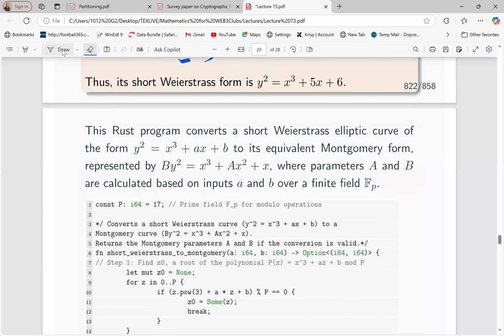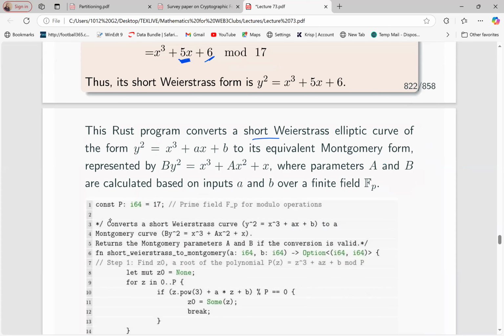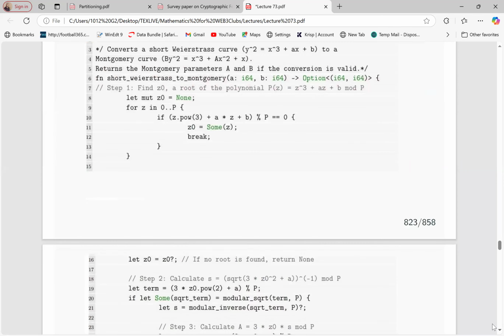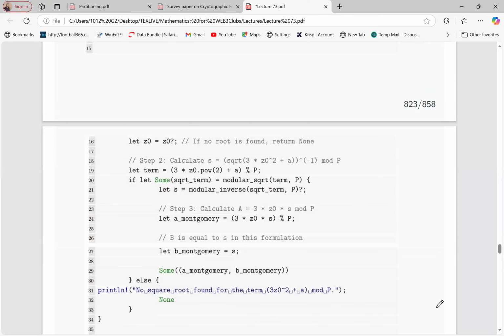The Rust code that I'm sharing in these notes converts the short Weierstrass elliptic curve to Montgomery. It is supposed to check for those 3 conditions, and then you give it the formula. So you can see that I've given it the formula for converting to Montgomery.